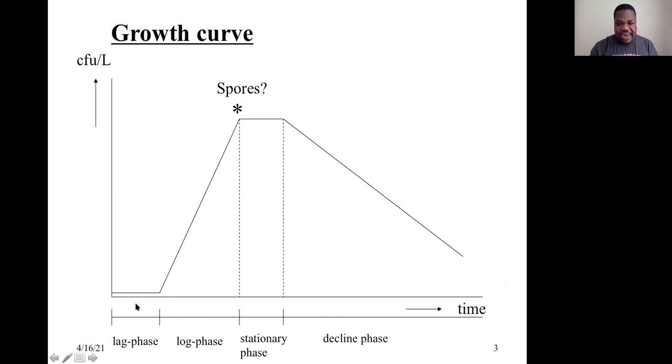After the lag phase, the bacteria will enter the log phase, or the logarithmic or exponential phase, where they start increasing in number as a result of replication. The frequency of replication will depend on the genus and species of the microorganism, as we said.